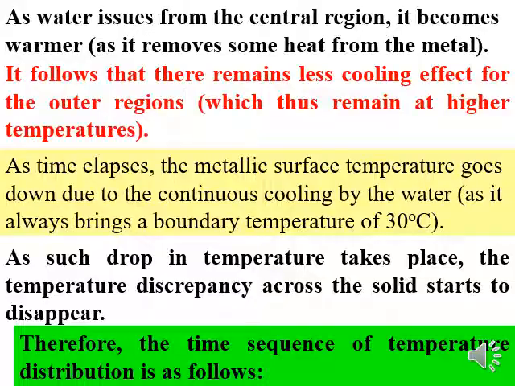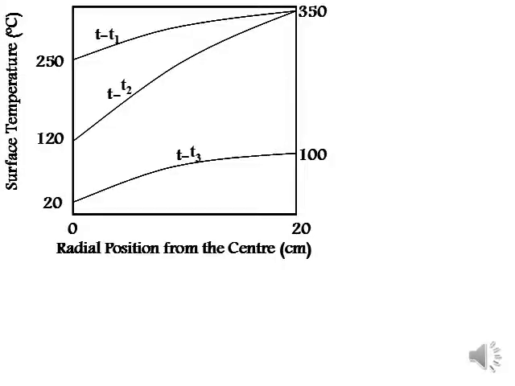Therefore, the time sequence is as follows. The first moment, t equal t1, we have the point of impact immediately cooled to 250, while the farthest point from the point of impact, at which water hasn't reached yet because I am in the very first moment, so that water hasn't got the chance to slide all over the solid, is still at 350.